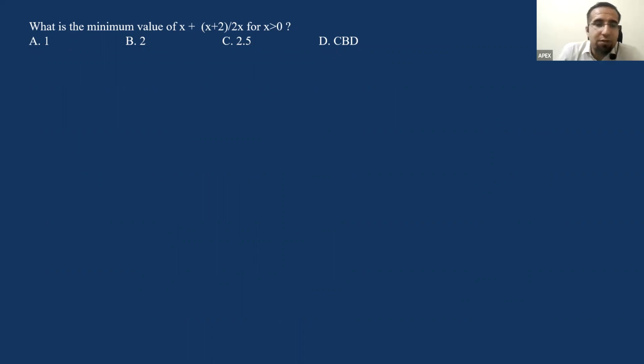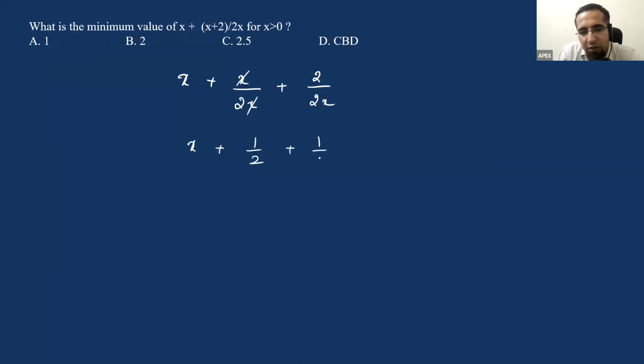Clear. So last value is what is the minimum value? So people who know maxima minima, this can be a very simple question. So we can write this as x by 2x plus 2 by 2x. So if I understand, this is going to be x plus 1 by 2 plus 1 by x.